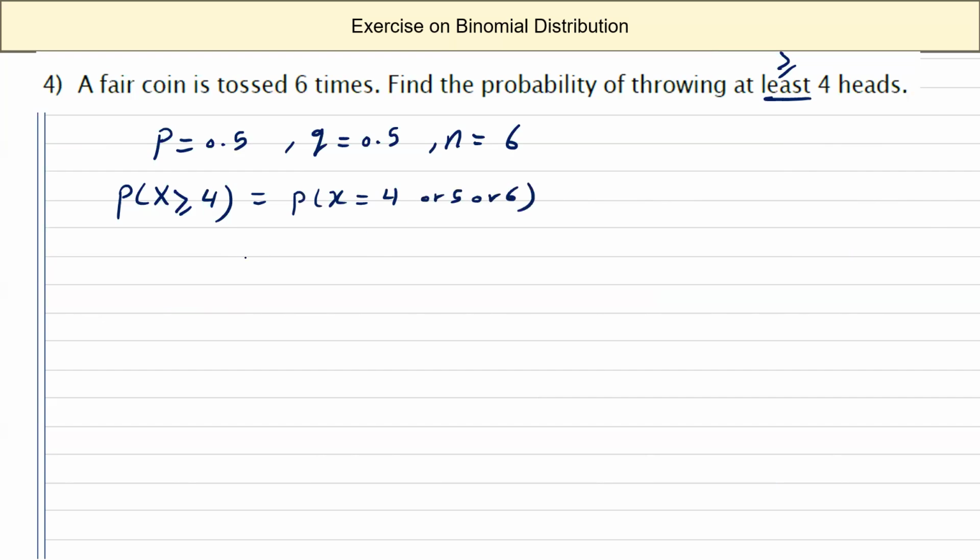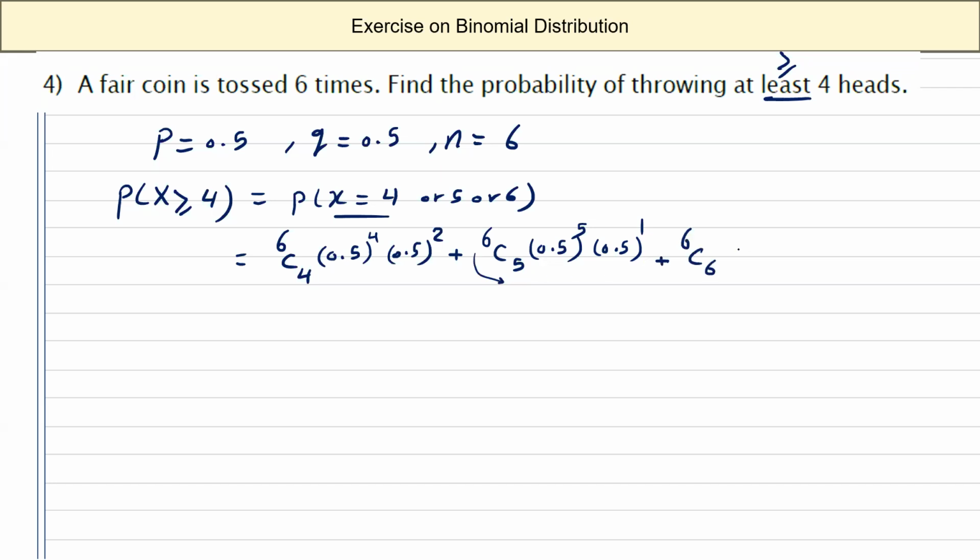So the answer is: probability of X to be 4 is 6C4, 0.5 power 4, 0.5 power 2, plus 6C5, 0.5 power 5, and 0.5 power 1, because you always subtract 6 minus 5, 1. And plus 6C6, 0.5 power 6 times 0.5 power 0.